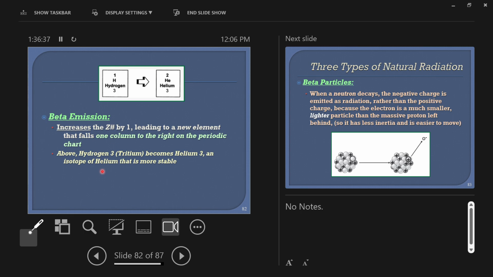It will never go the opposite direction. Atoms will never become more radioactive over time. It's like leaving a battery on a counter and it just spontaneously charging itself, right? It's not going to happen. Batteries die when you leave them alone. Atoms decay downward in energy, okay? It's just part of the process. So with time, the atoms will decay downward in energy. Helium-3 happens to be more stable than tritium.